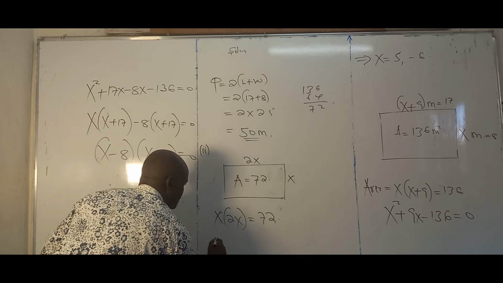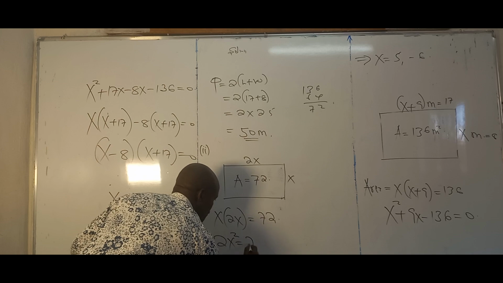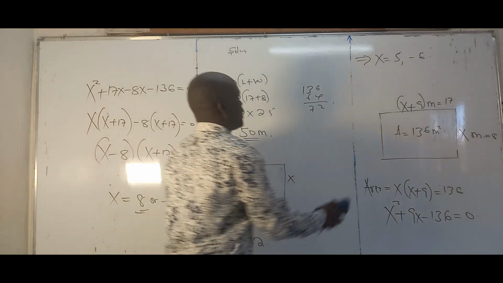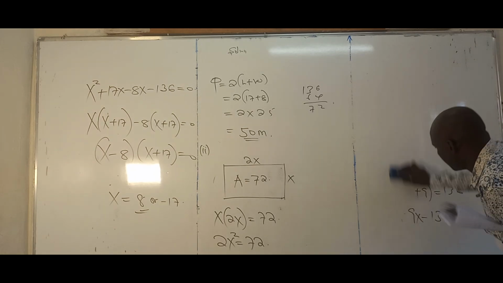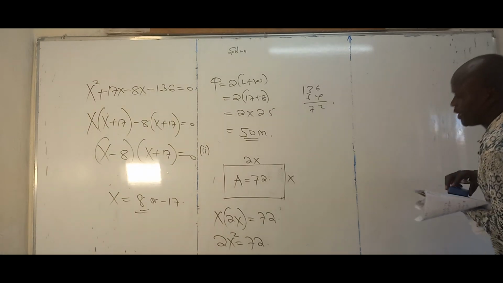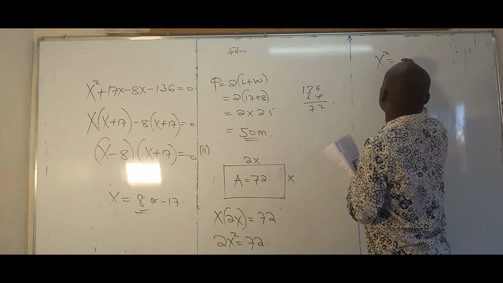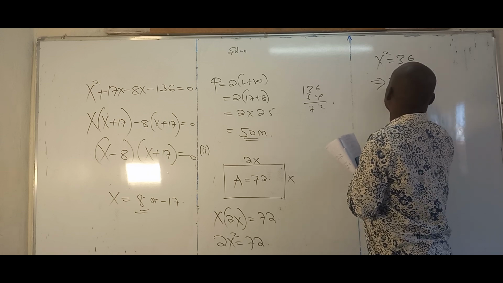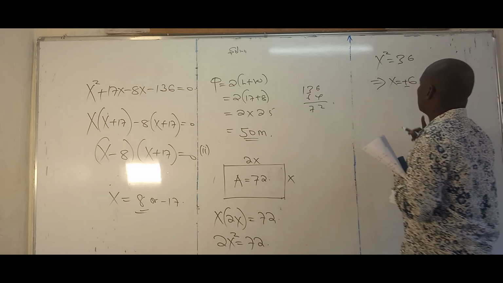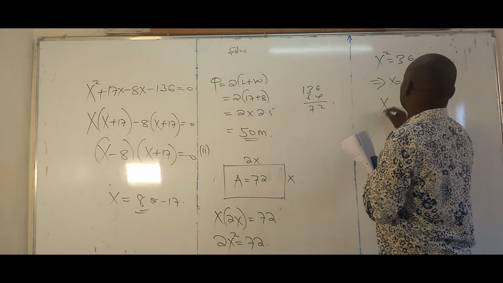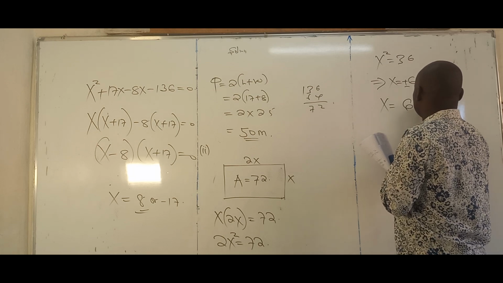That means 2x squared is equal to 72, so x squared will be 36, implying that x is either 6 or minus 6. But being that it is length, we say that x is 6. And that is the answer.